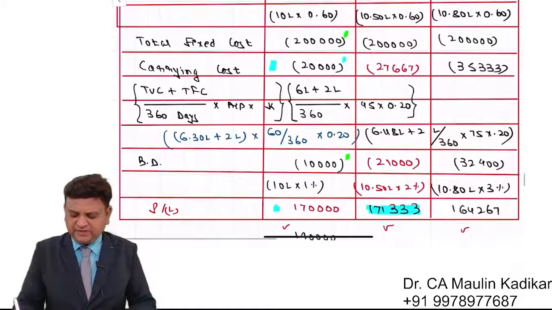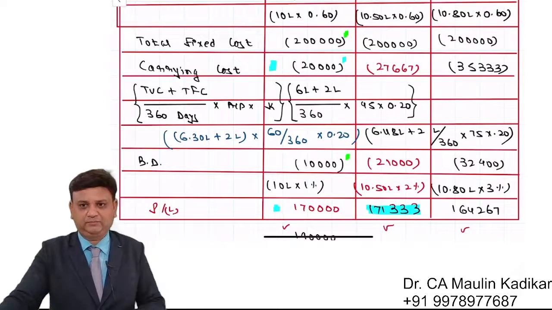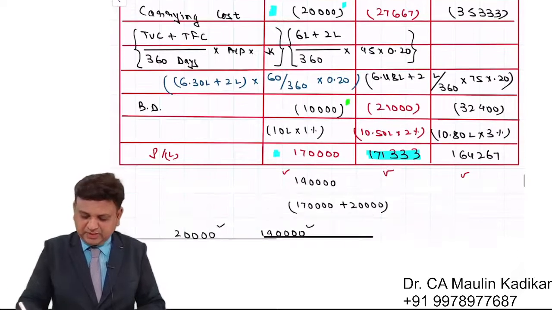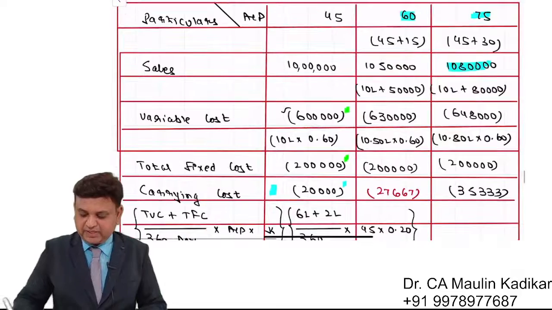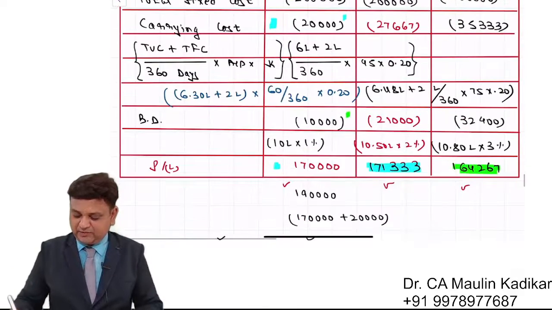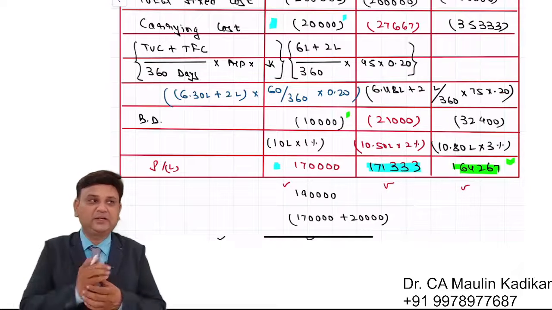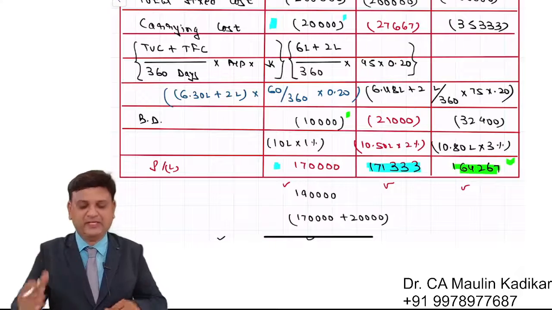Further, which credit period has the lowest profit? Lowest profit. So the answer over here is, we understand, that's the 75 days once again. So the credit period having maximum sales has lowest profit. Oh, very surprising. Why it happens like this? Let us try to have understanding.